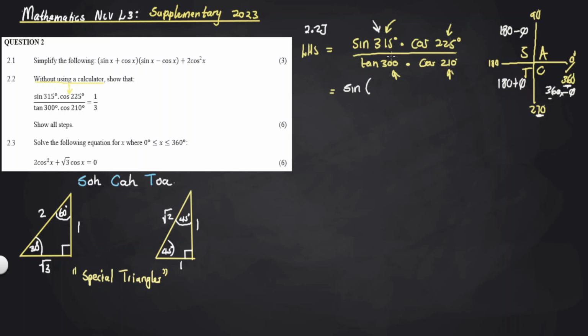Starting with 315, I'm going to be using 360 minus theta, where theta is the special angle. So 315 is equivalent to 360 minus 45 degrees. This is how you reduce.